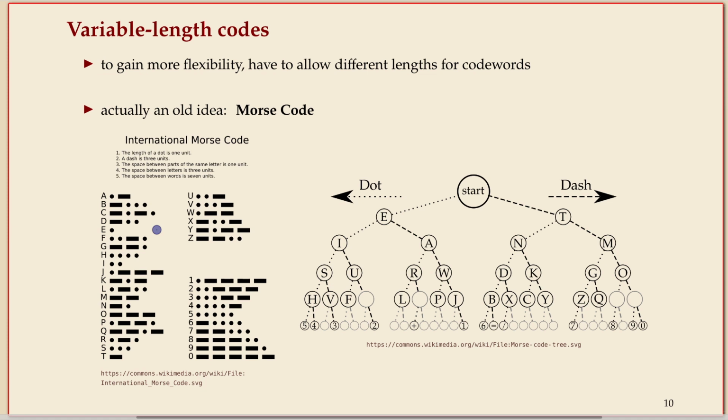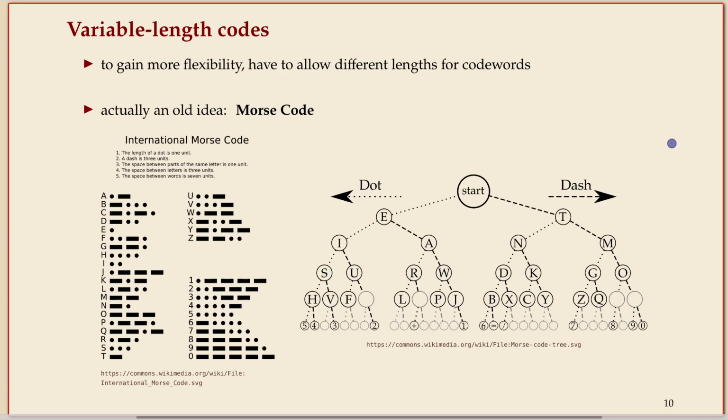If I tell you dot, dot, dot, what character is that? You know it's SOS, so you kind of know it's S, but finding that in this table is computationally annoying. That's a technical term. Much more convenient is a trie representation of the same thing, where you can say, okay, this is dash or dot. I went dot, dot, dot. Here's the S.